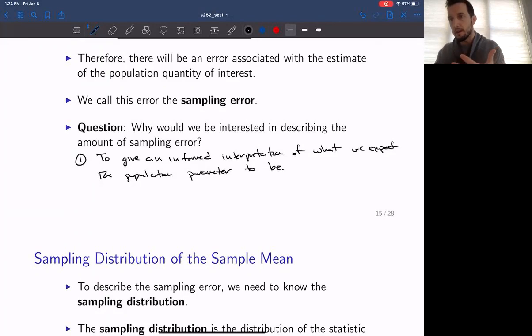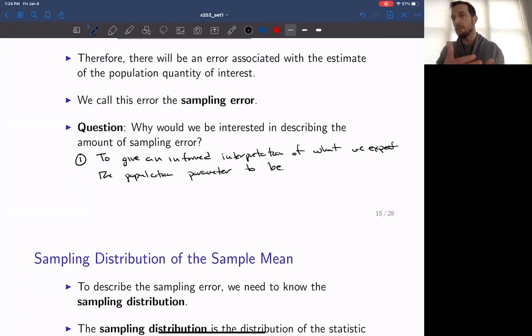When we conduct inference, we assume that our population is of a certain type, usually normal. When we do that, it follows that the sample is also going to follow some distribution. If we sample from a normal, those values will also be normal. Our estimate is a function of the sample.